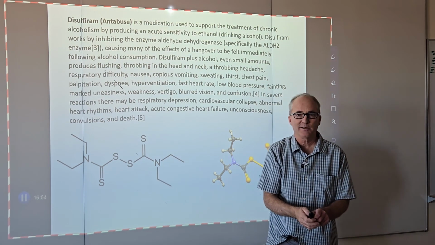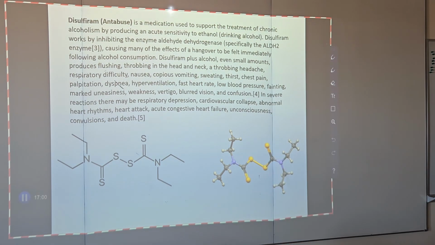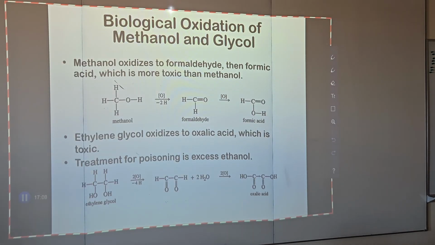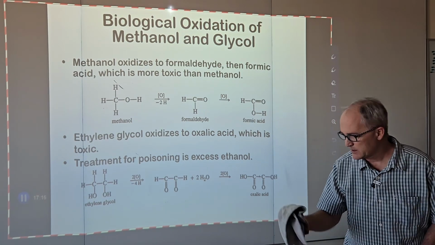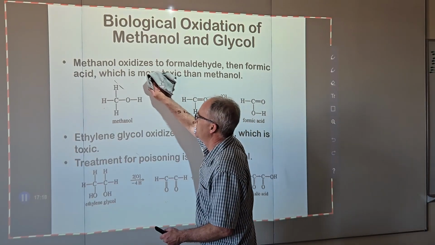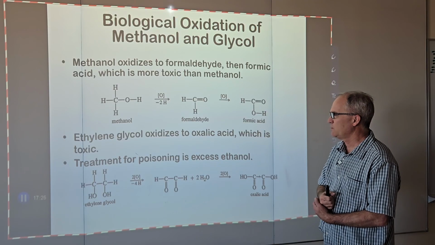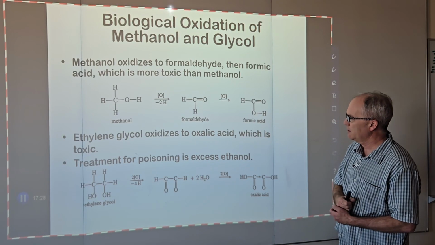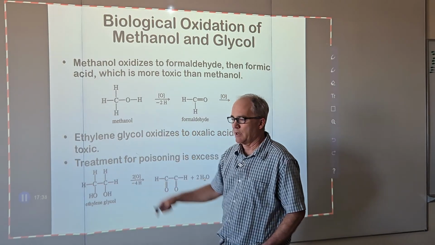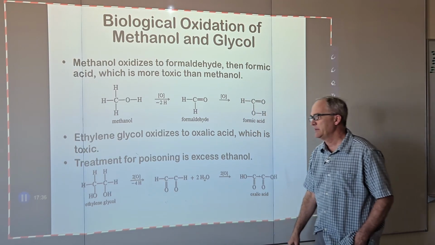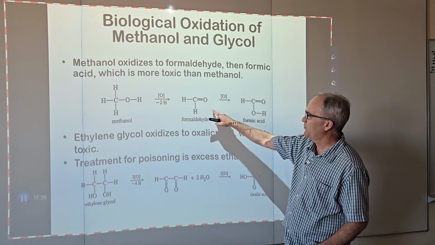So onward to new and exciting things. I told you when we went over the quiz, that one question, I mentioned it. The reason you don't want to ingest much methanol at all is your body oxidizes it, probably with the same enzymes, and forms some formaldehyde.